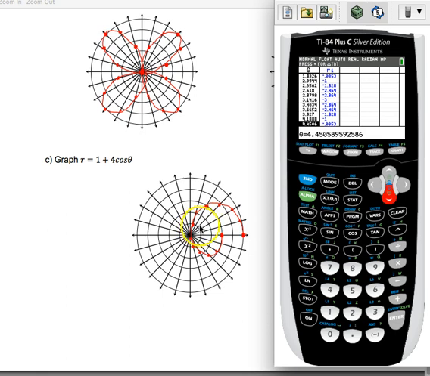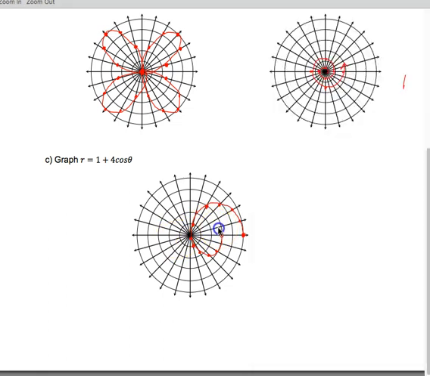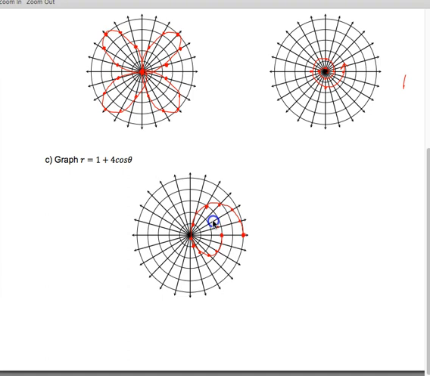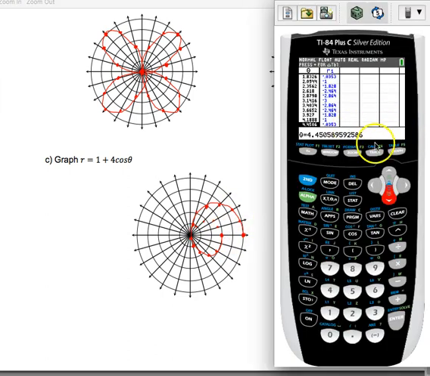It's hard because it keeps going away. And then negative 2.4, negative 1.8, negative 1. So looping back around. And then we get back to about 0.